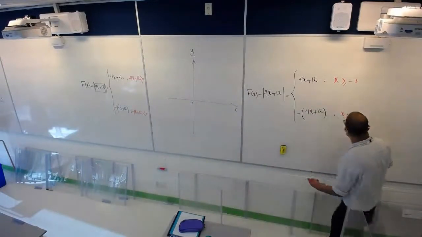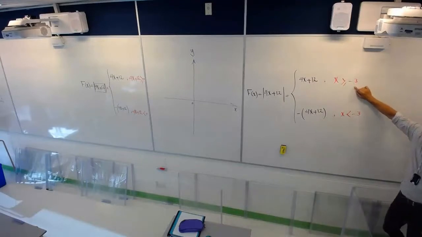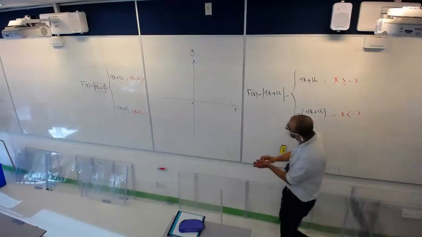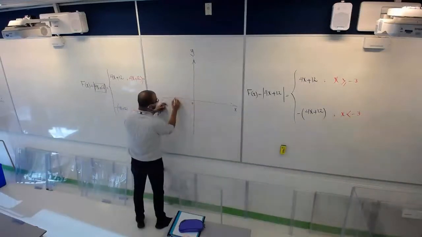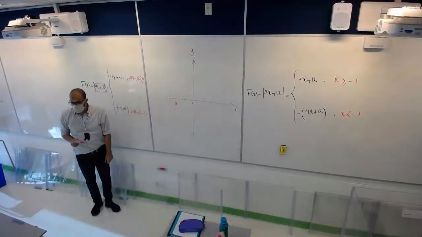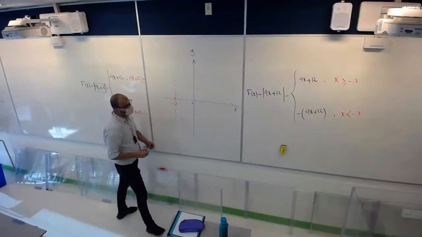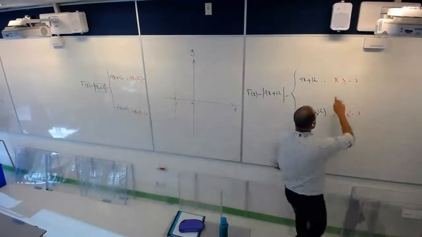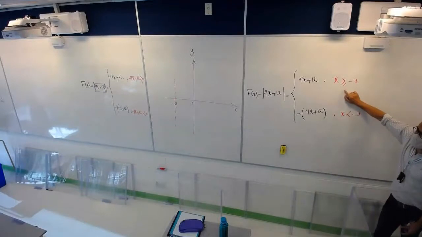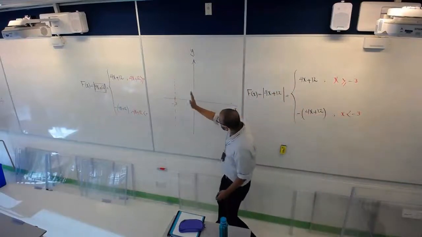Now, look at this. I'm looking for this critical point. x is minus 3. Where is x equals minus 3? It's here, for example. It becomes like the boundary for me. Now, I say that if x is greater than minus 3, which side of the minus 3 does that mean?